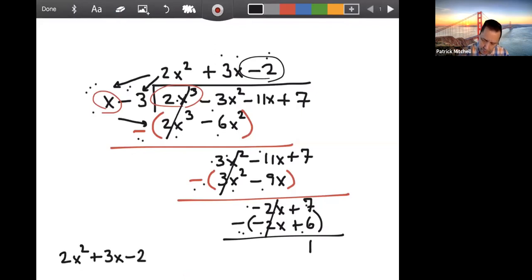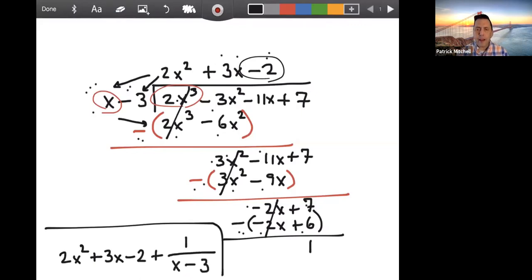And then we're going to write plus the remainder, which is 1, over the divisor, which is x minus 3. So that's how you write your answer for a polynomial long division problem. So at this point, I will let you pause the video if you want to take some notes, and then just come back when you're ready. I will switch back over to the slides.